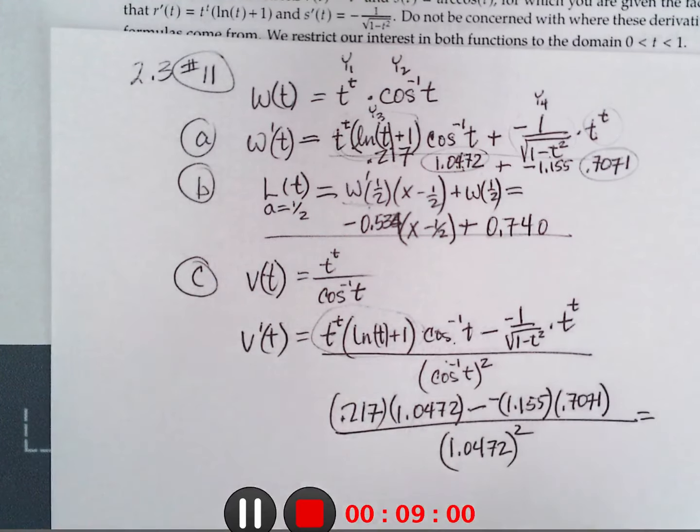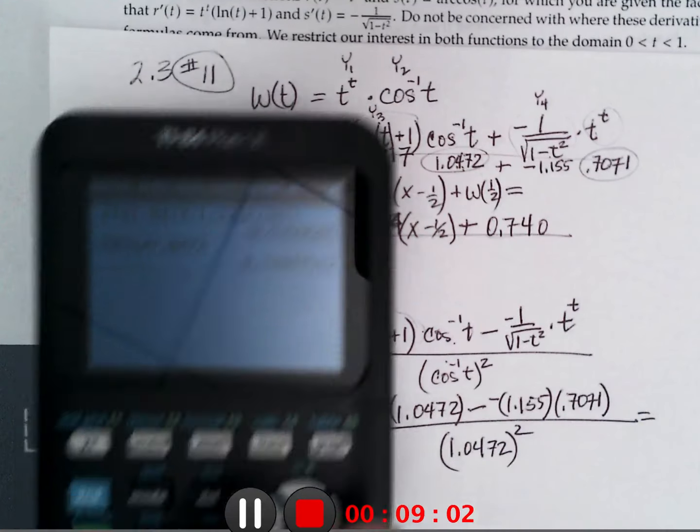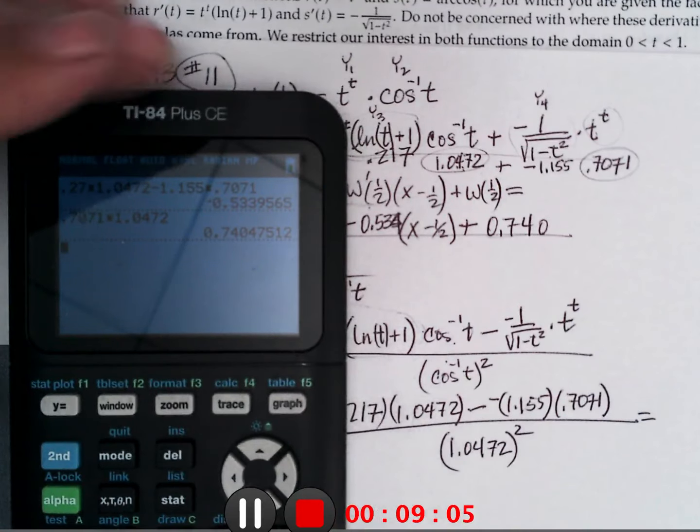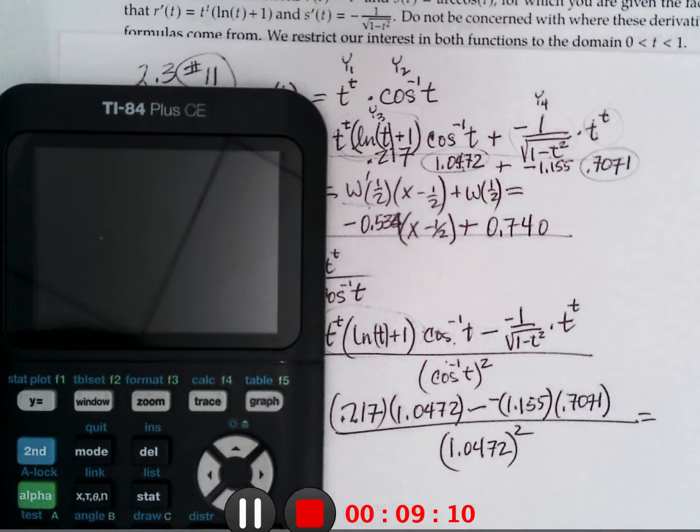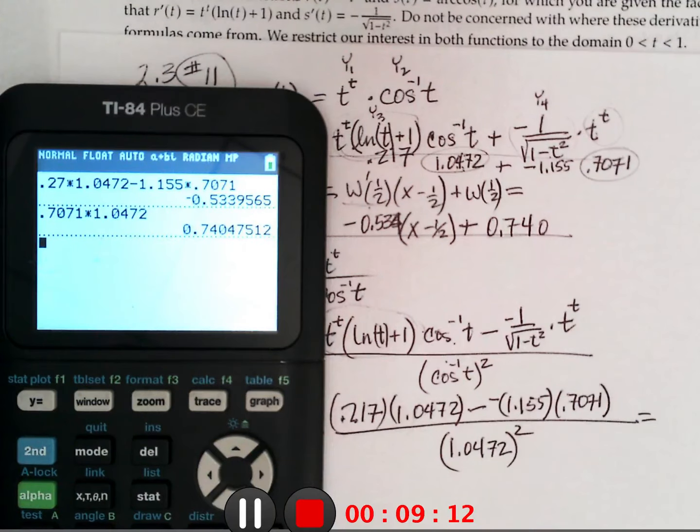So all I have to do is work that out. And I think you can see everything there. So parenthesis 0.217 times 1.0472, minus a minus is going to be plus 1.155 times 0.7071.